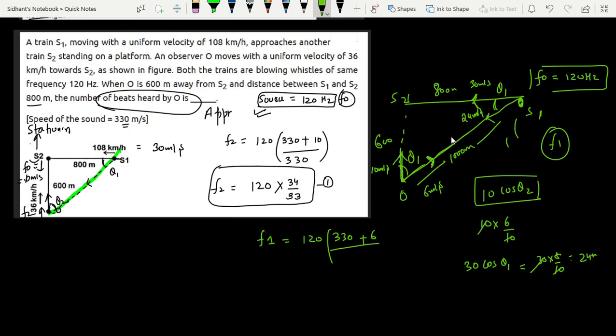Yes, sir. Divided by 330 minus how much? How much is the velocity of S1? Remember that is 24. Yes, sir. Sure. This is 120 multiplied by 336 divided by 330 minus 24. I think it will be 306.